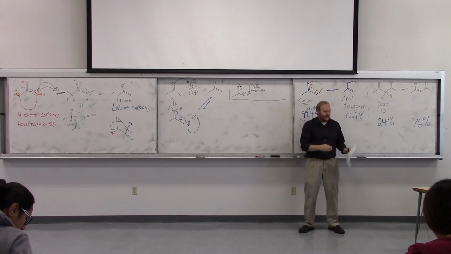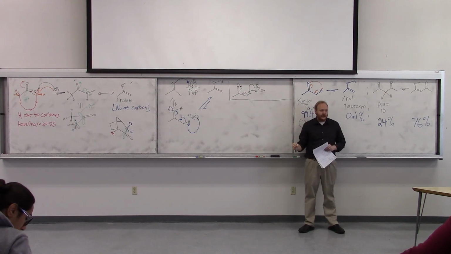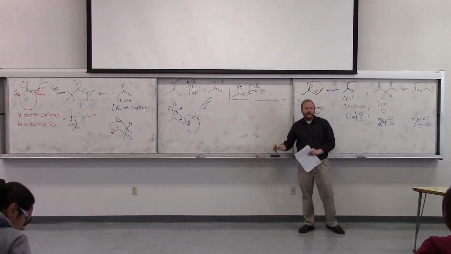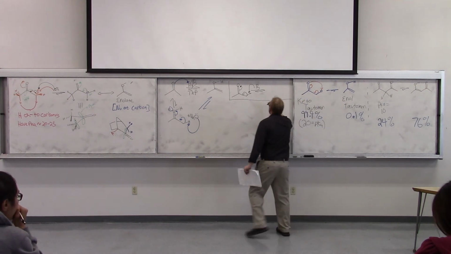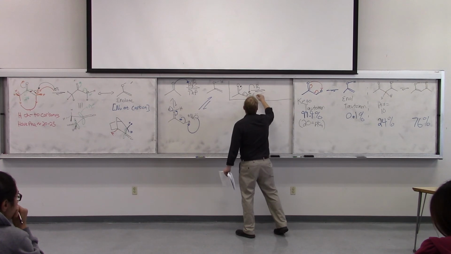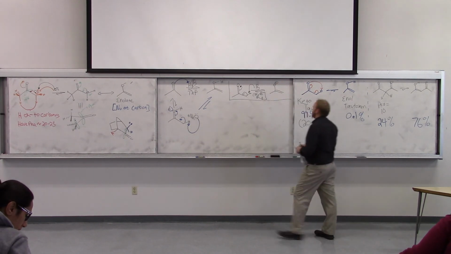But just think about it, it's basically the conjugate base of an amine, so N minus R2. And that gives us our enolate.